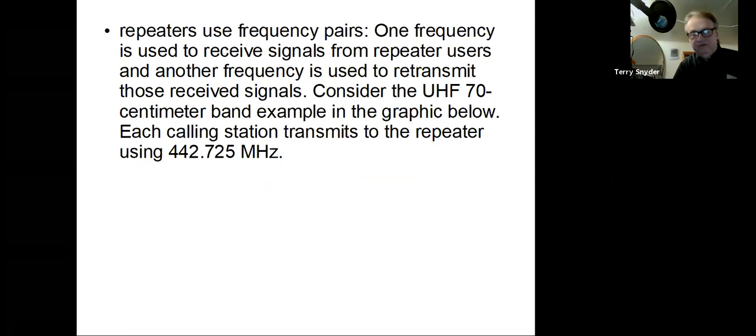Now, the difficult part, the way the 2 meter band was finally organized by the ARRL, is they have them 600 kilohertz apart. Now, keep in mind that when this was all done, the ARRL was very used to HF frequencies where you could put 2 people 3 kilohertz or 6 kilohertz apart and you wouldn't hear one another.